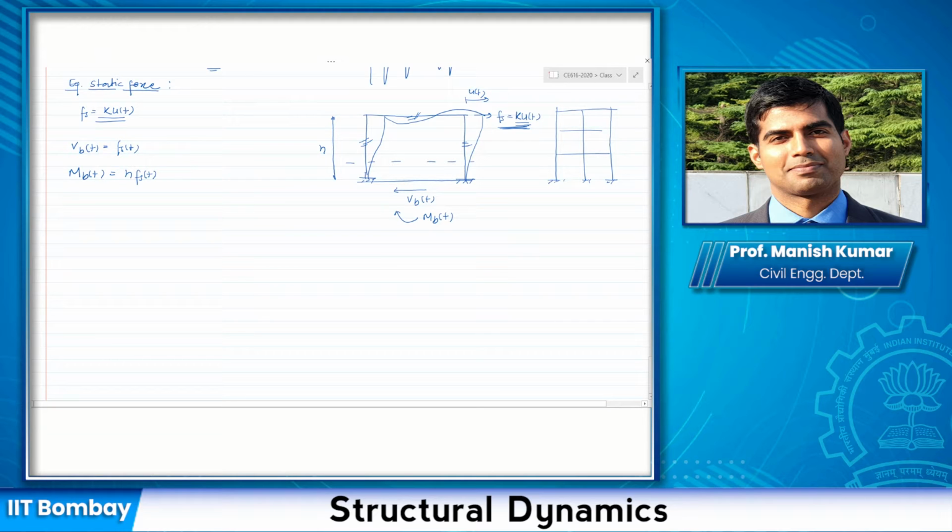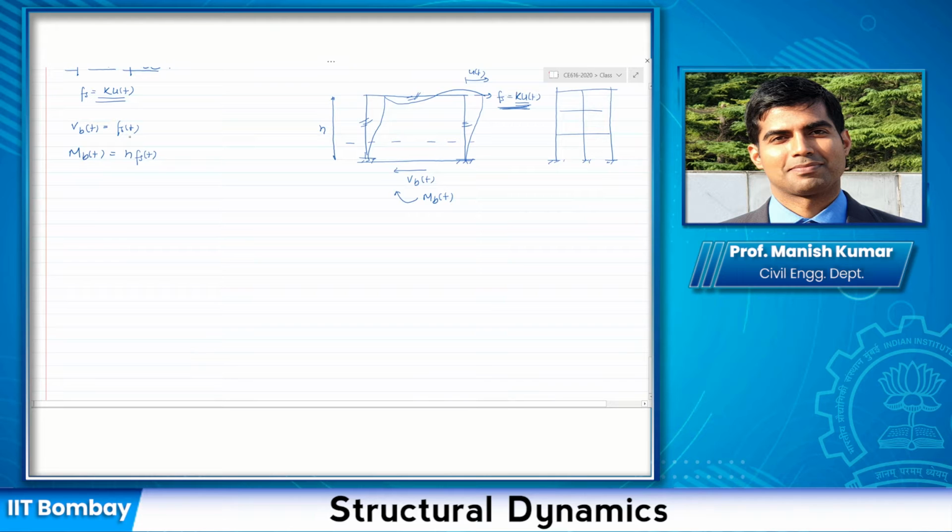The only thing is that the parameters, K and u and all those, are in terms of vectors and matrices. So the base shear and the base moment at any time instant can be known using this equivalent static analysis. Now, one more thing to be noted here.